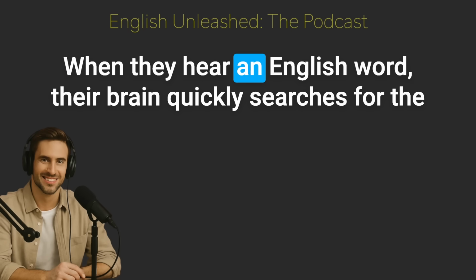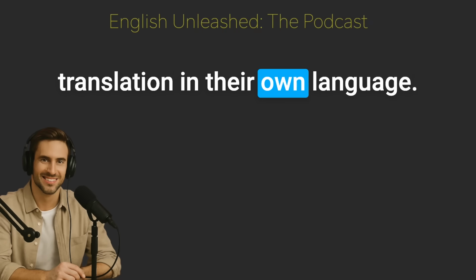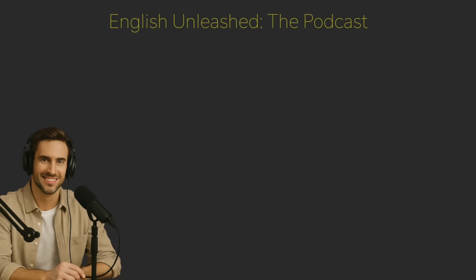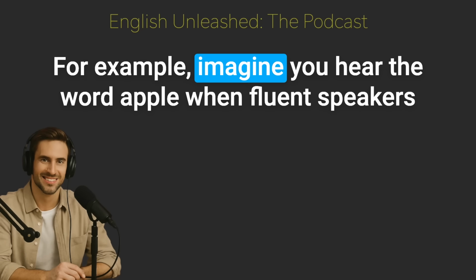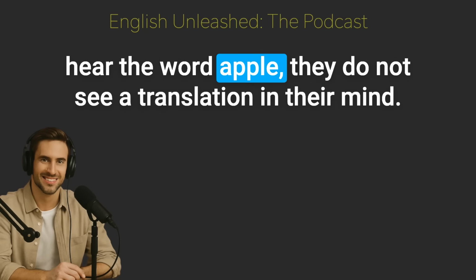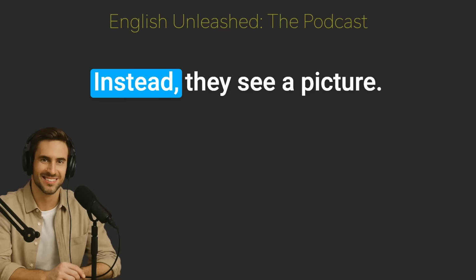When they hear an English word, their brain quickly searches for the translation in their own language. For example, imagine you hear the word apple. When fluent speakers hear the word apple, they do not see a translation in their mind. Instead, they see a picture.